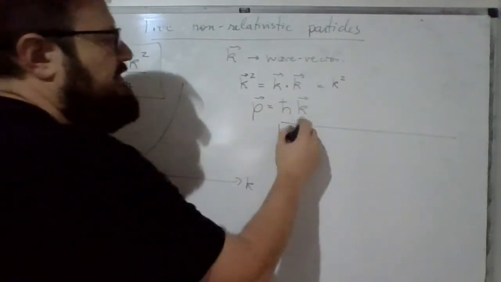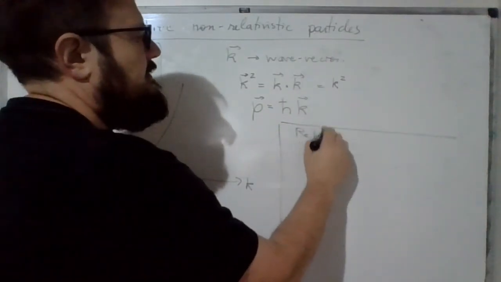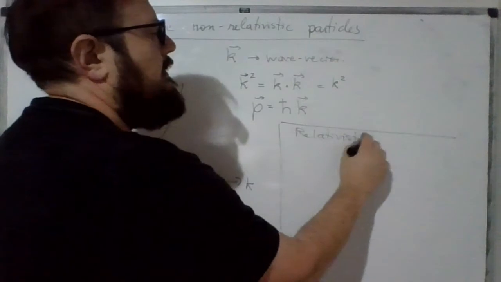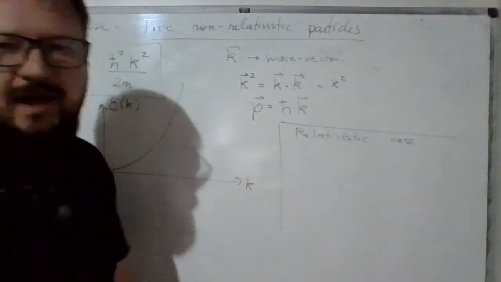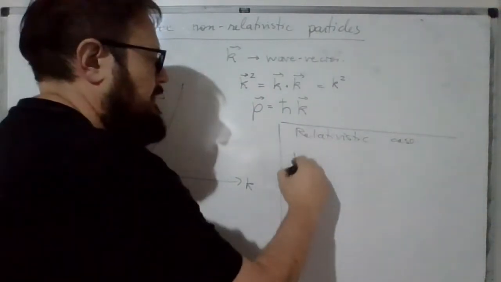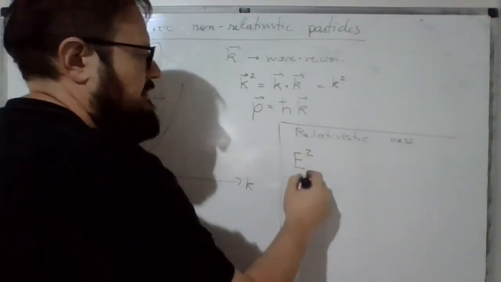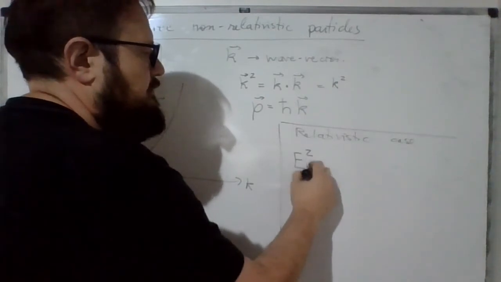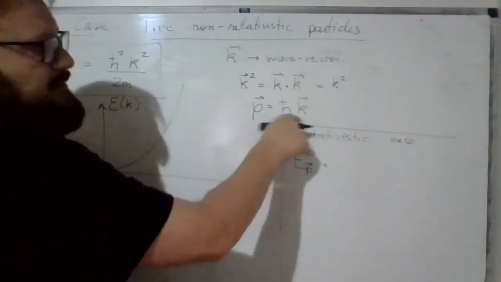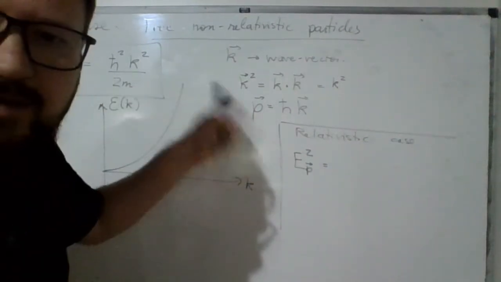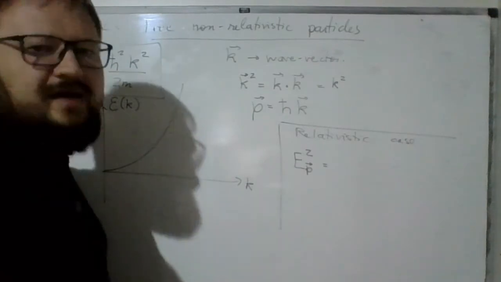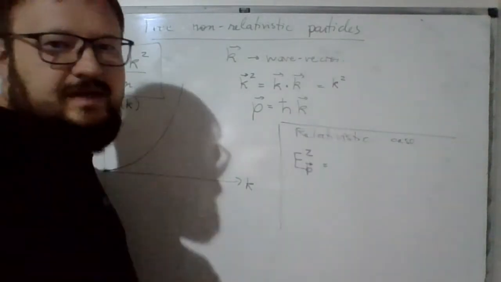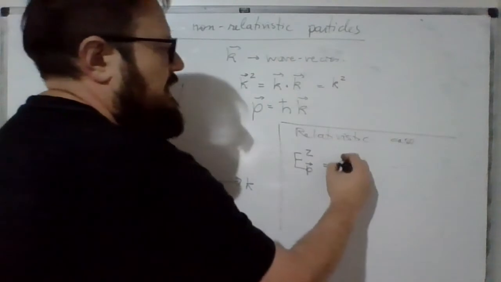You can do the math for a relativistic particle, so the relativistic case has a spectrum of the form E squared over a given momentum p, which is h bar k. This is the same for both cases, relativistic or non-relativistic. You have a quadratic relation between the energy and momentum.